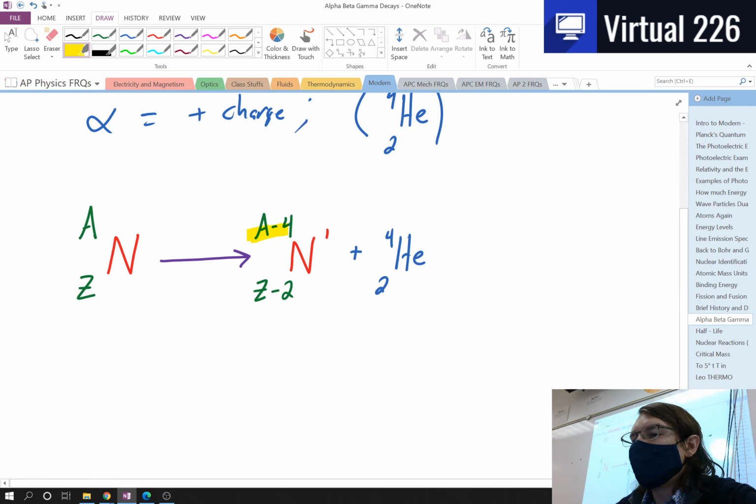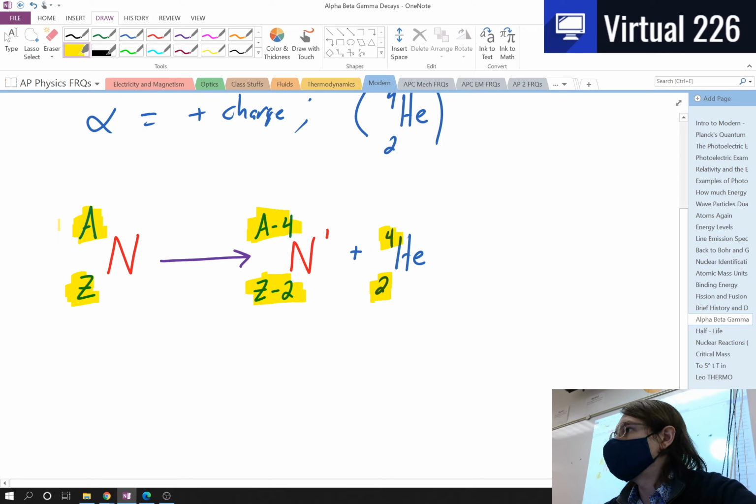Note, A minus 4 plus 4 is equal to A. Z minus 2 plus 2 is equal to Z. Notice how we haven't lost anything here. We have conserved quantities.